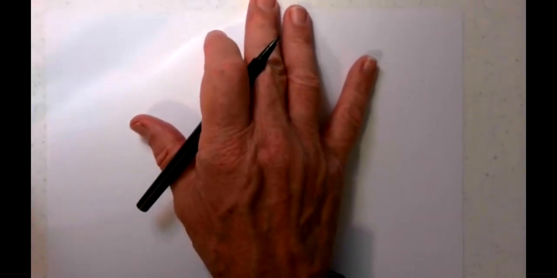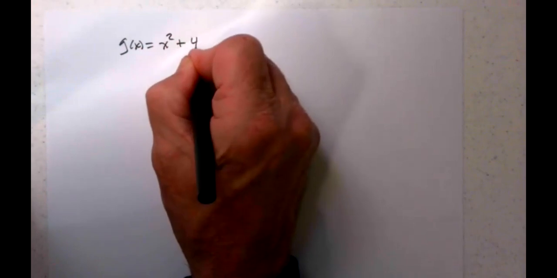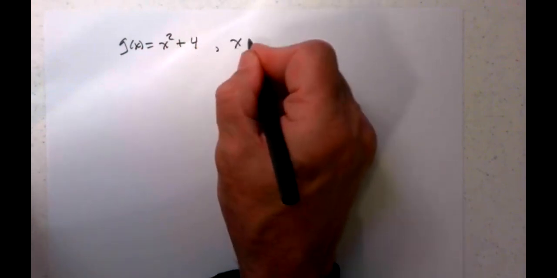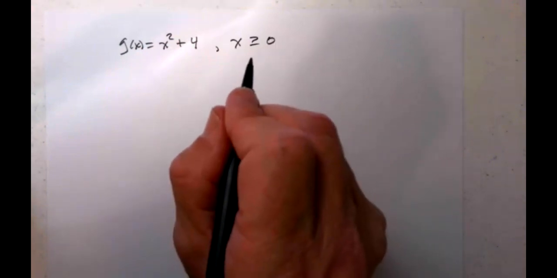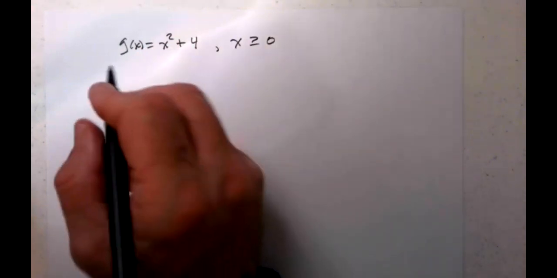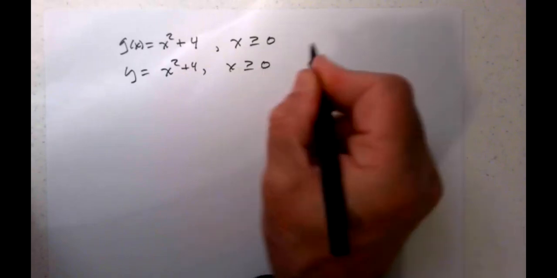So let's remember what we were saying here. g of x is x squared plus 4 for x bigger than or equal to 0. Then I'm going to say y equals x squared plus 4 for x bigger than or equal to 0.